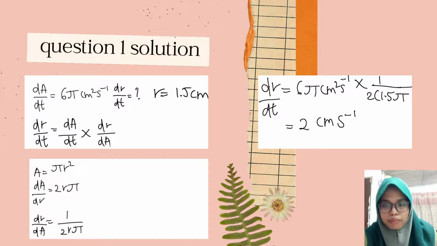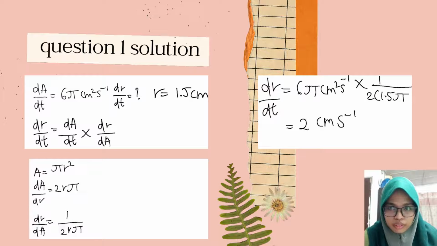So by using the formula area equals pi r squared, we differentiate the area, and we will get dA dr equals 2 pi r, and we want dr dA, so we will get 1 over 2 pi r.